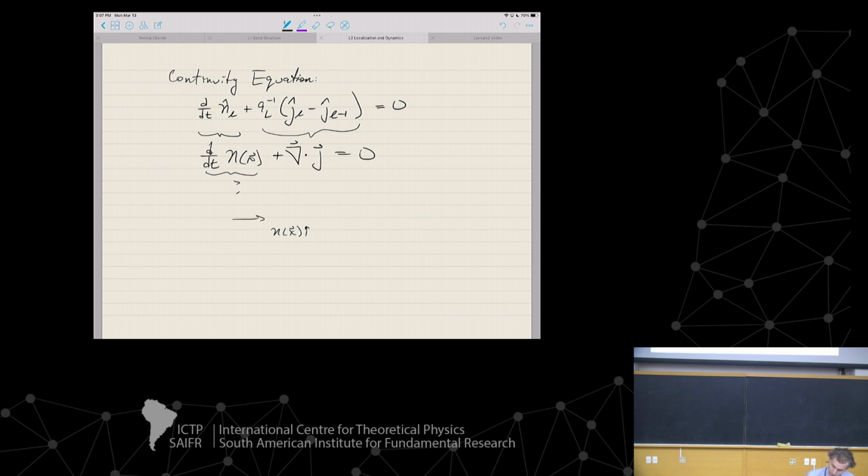So the reason the continuity equation is important, let's say, in the data I just showed you, is that it's easier for us as atomic physicists to observe local densities as a function of time and then infer what the current must have been. Because actually imaging the current is not an observable that's very easy for us.